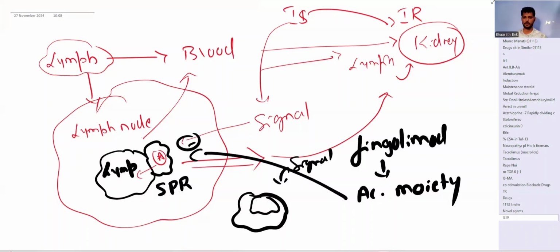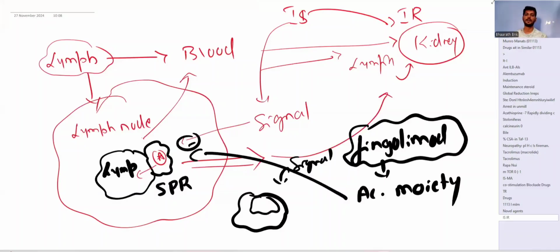It remains there. So if there is a lot of immune response going on outside in the kidney, this sequestered lymphocyte has no idea about it because it cannot sense the signal, and it will not participate in the immune response. So that is the action of fingolimod.